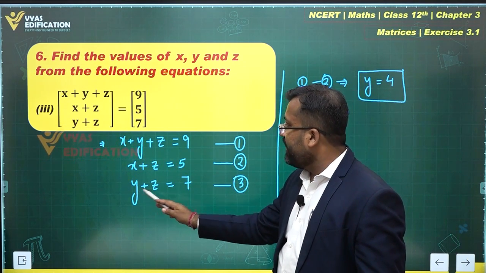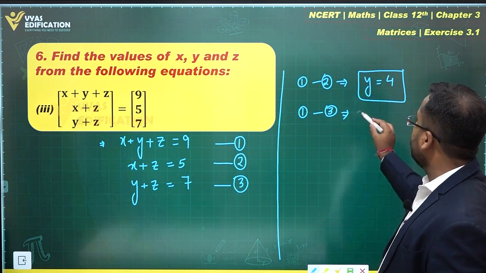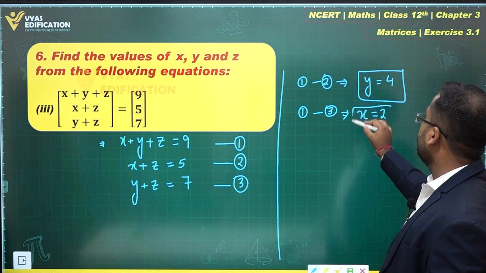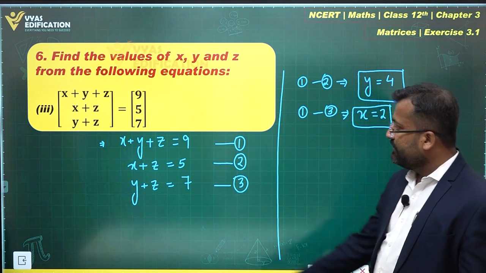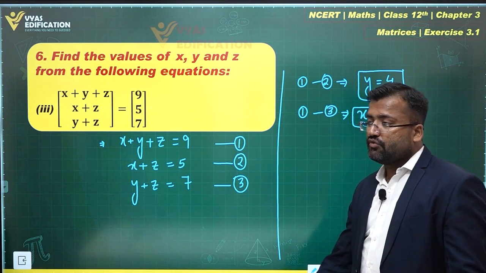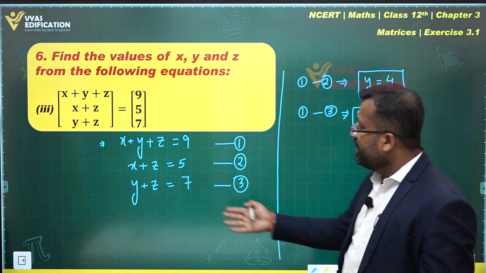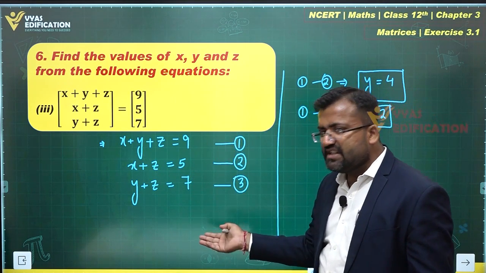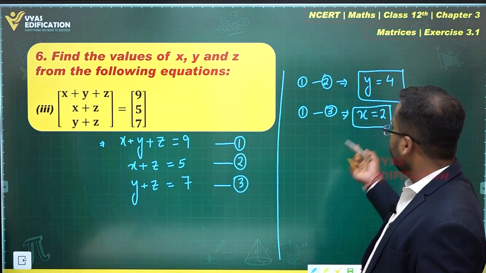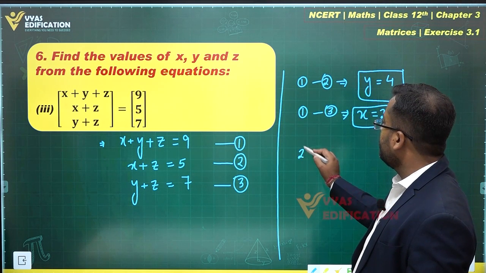x plus y plus z gets cancelled, x becomes equal to 2, as you may observe, right? x is simply equal to 9 minus 7, which is 2. How do we find the value of z? Once we have x and y, we can use any of these equations to get the value of z. Let's use equation 2.